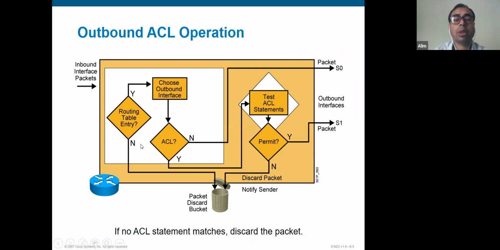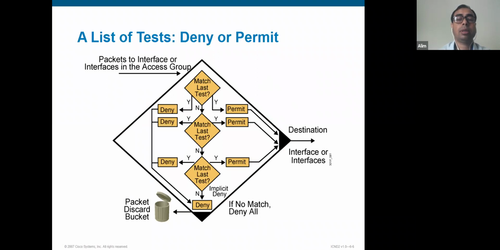If a routing table entry is there, then the ACL will take effect, and the ACL will discard or allow based on the ACL statement. This is more or less the same.